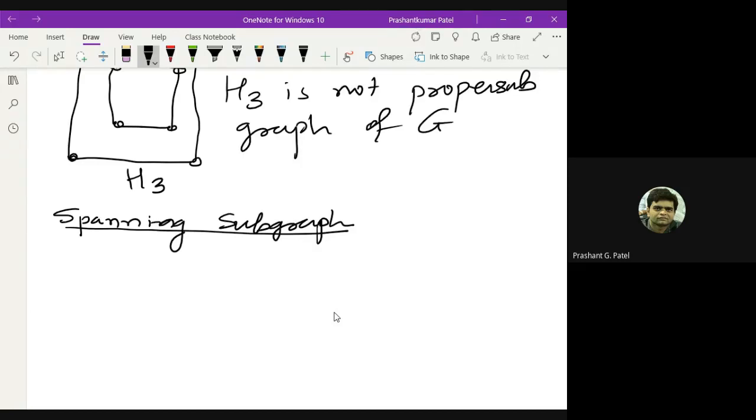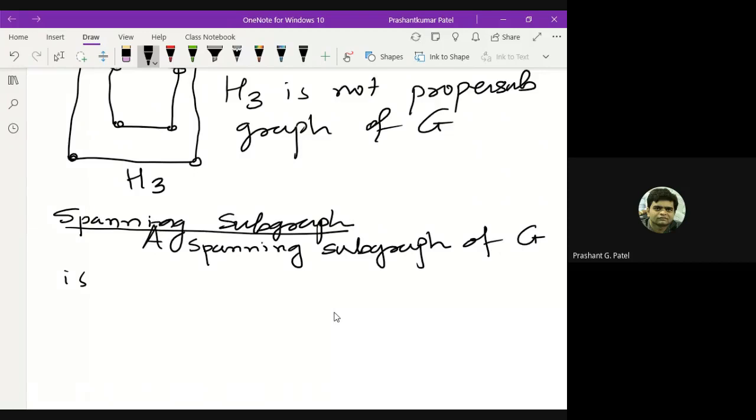So a spanning subgraph of G is a subgraph.